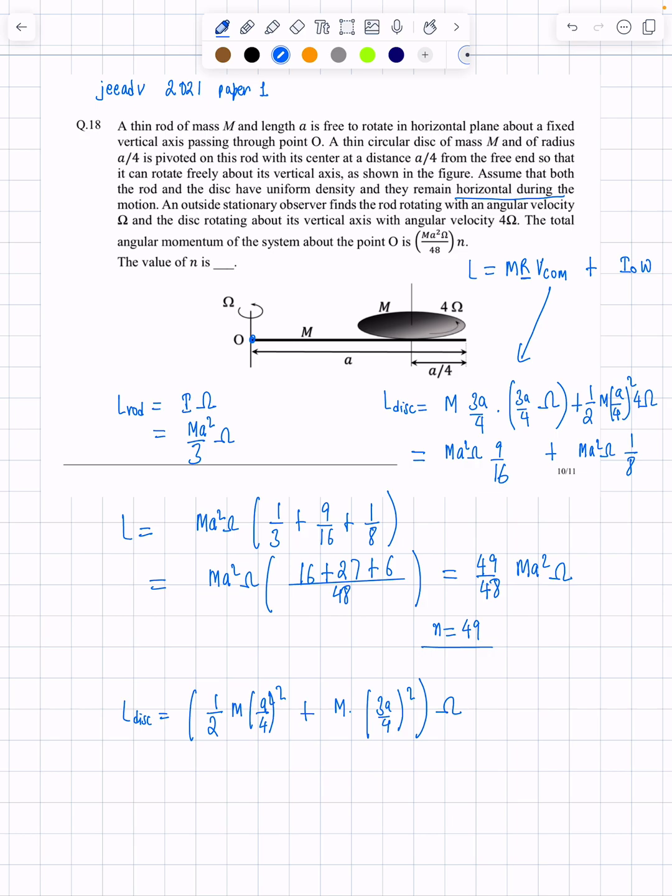But here it is spinning, so let's anyway find this. So this is ma square omega, and then we should also add the L rod, which is 1/3.